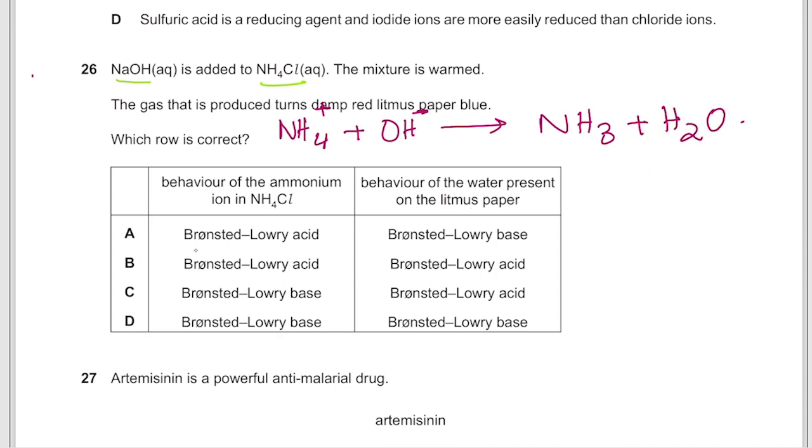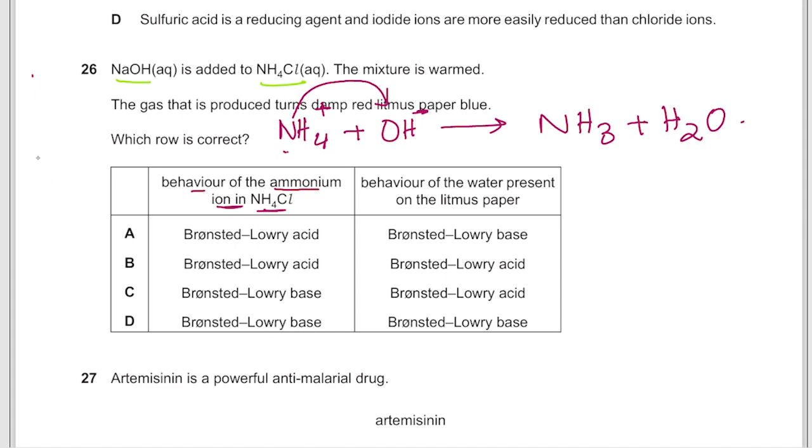Now, the behavior of the ammonium ion in ammonium chloride: the ammonium ion is donating the proton.